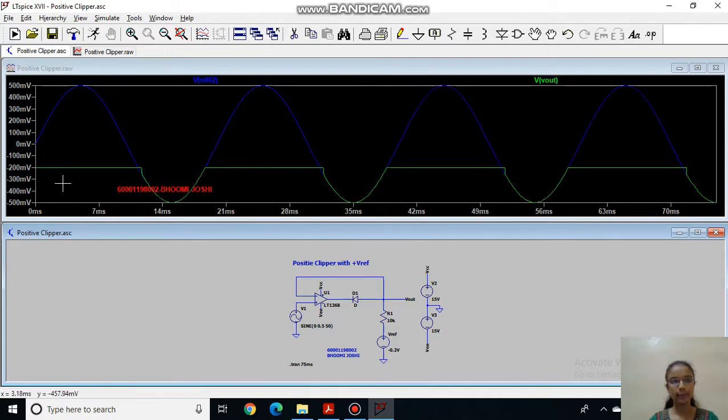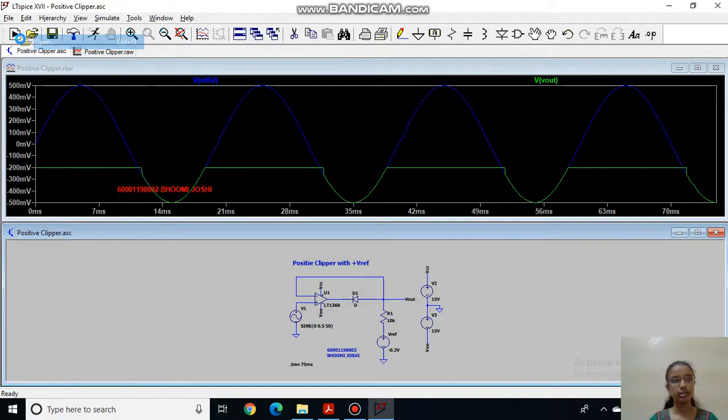As you can see, in negative V reference, my output will be clipped in the negative part. So in this way, the positive clipper is done.